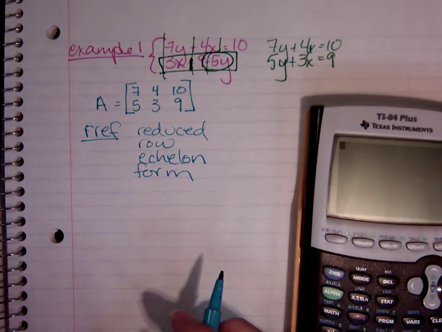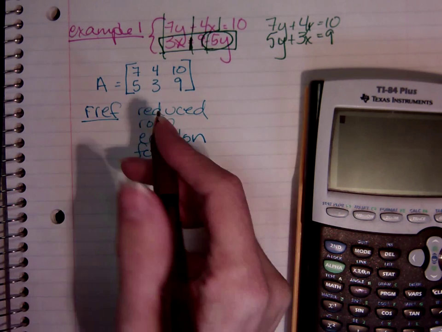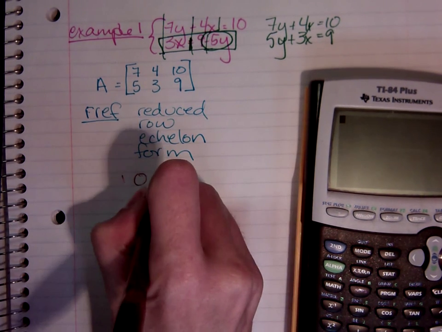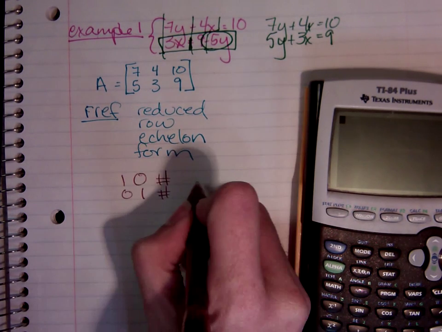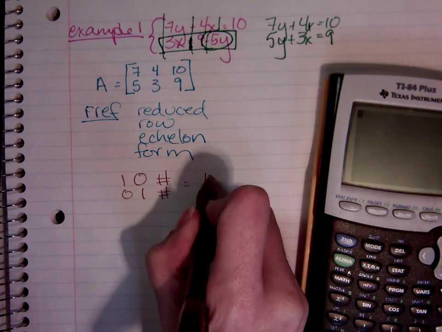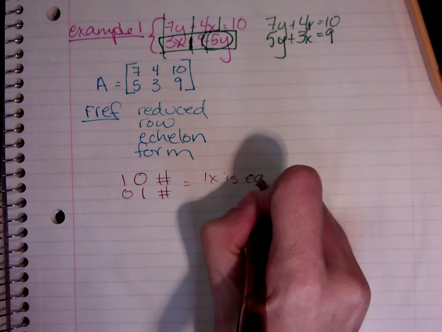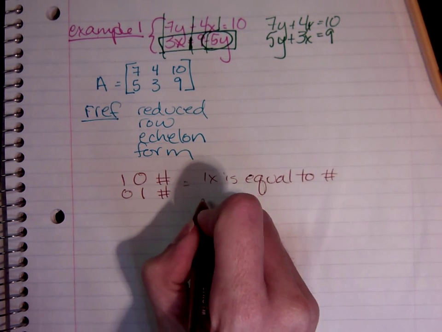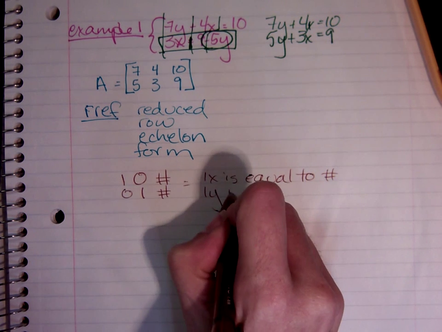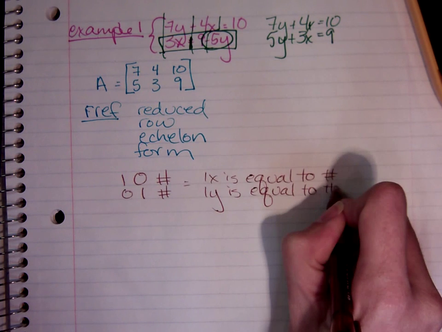And what that does is it undoes all the operations so that I have a matrix in the form 1, 0, some number, 0, 1, some number, which I read as literally 1x is equal to the number, and 1y is equal to some other number.